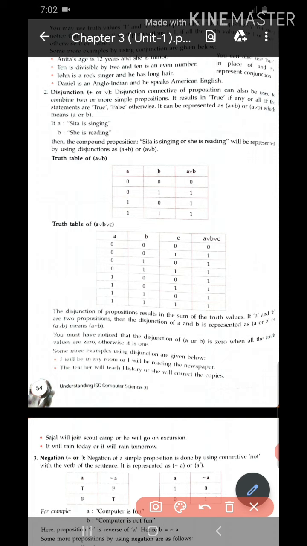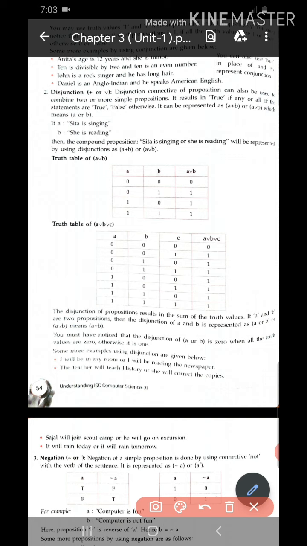If I'm saying call the class captain, either girl or boy, it means if a girl comes, I have no issue. If a boy comes, I have no issue. If both of them come together, I have no issue. It means any one should be true.